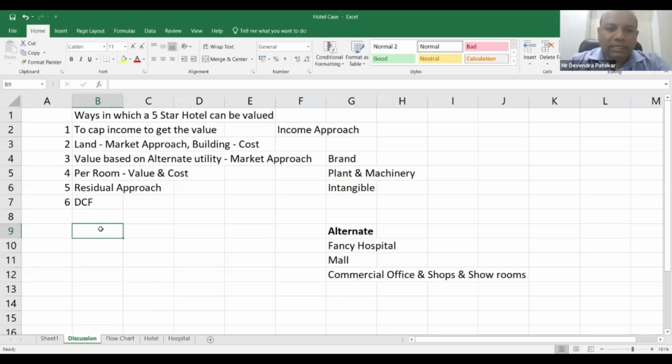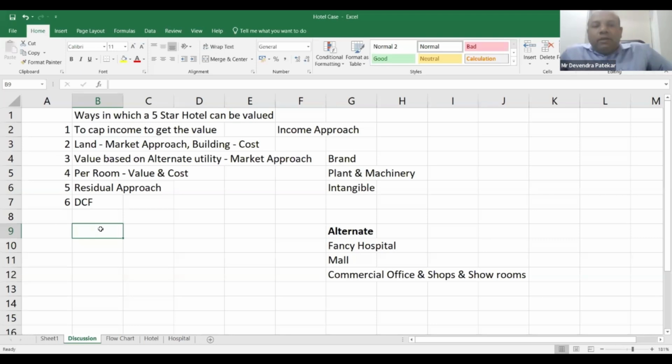However, related to the residual approach, I have found a write-up in Mr. Shamal Zatta's book, and I found it pretty interesting to learn from that particular angle.